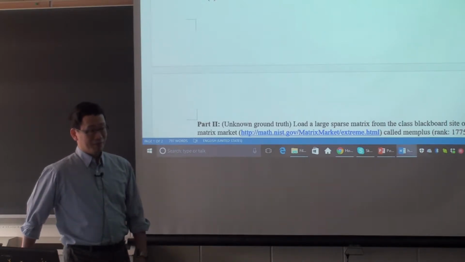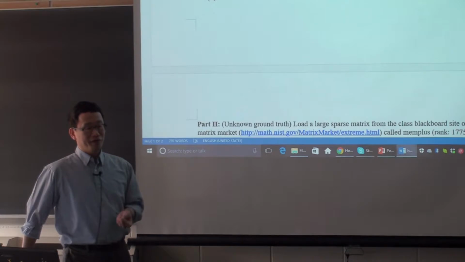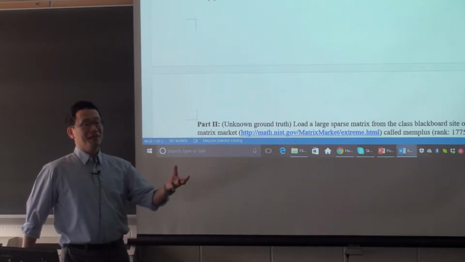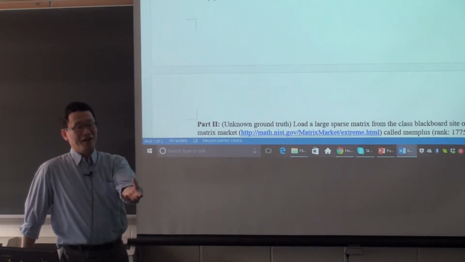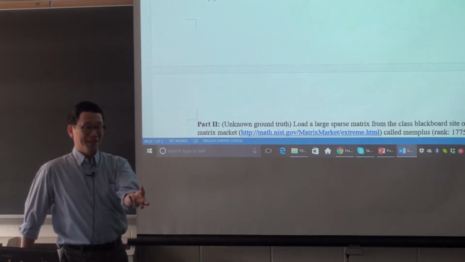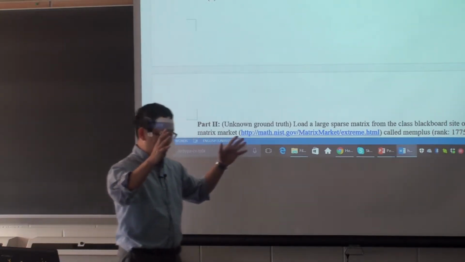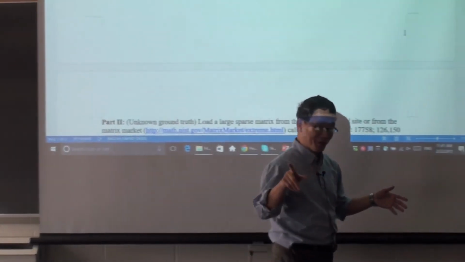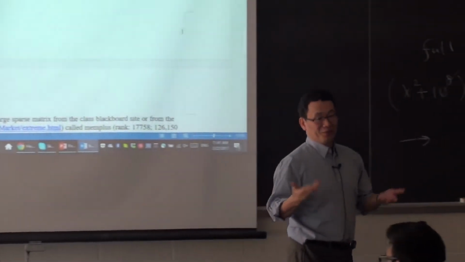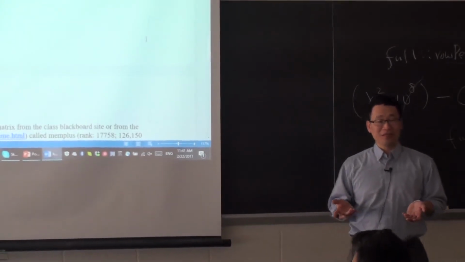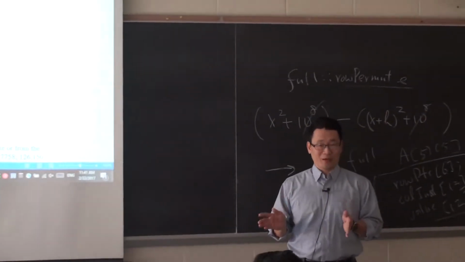There's no sparse format for vectors, because even when the sparse matrix works on a vector, the vector will be filled up entirely. The matrix is n square storage, the vector is n, right? So there's no need for the vector to be in sparse format, okay?